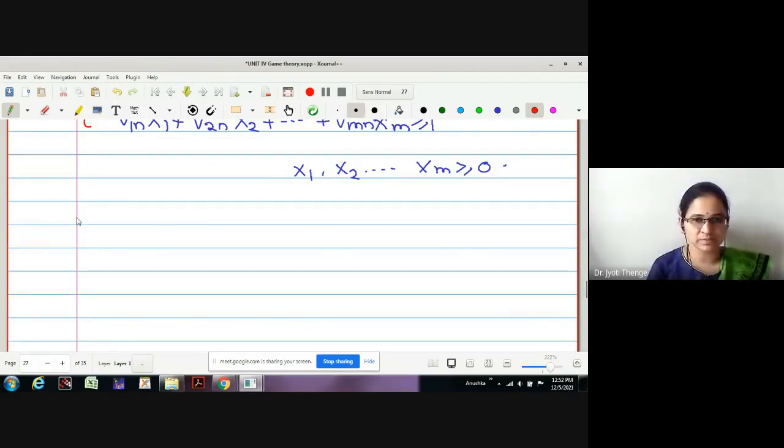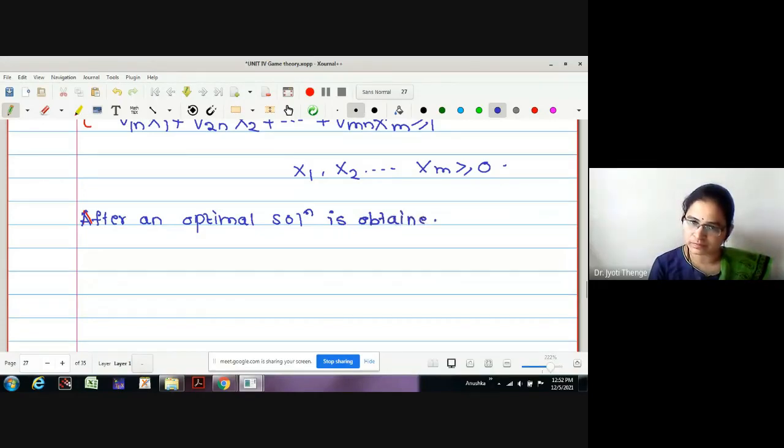Okay, so let me conclude with a statement. After an optimal solution is obtained by simplex method. Though we write it as simplex, when the inequalities are of greater type, we have to use some other methods as well. So obtained by the usual simplex method means whichever method is applicable, because all the methods, such as two-phase and dual simplex, are derived with the help of simplex method only.